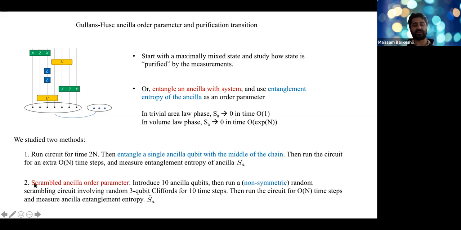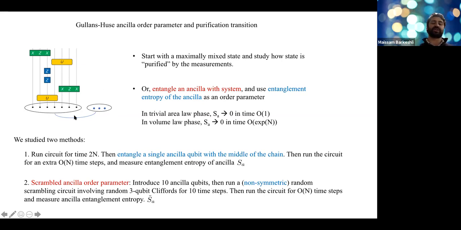What you really need to do is the scrambled ancilla order parameter, where you introduce many ancilla qubits, and then you run a non-symmetric random scrambling circuit, like one involving totally random 3-qubit Cliffords, which are non-local, for 10 time steps. That was just an arbitrary number. Then we run the circuit with measurements, and we measure this ancilla entanglement entropy.